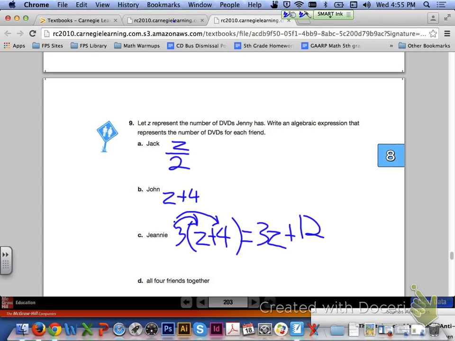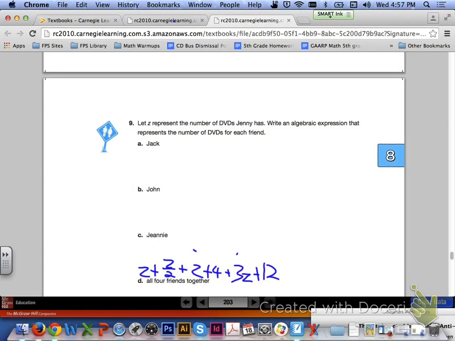If you put all 4 friends together, so Jenny has Z DVDs, plus Zach, who has Z over 2, plus John, who has Z plus 4, plus Janine, who has 3Z plus 12, you would have the total number of DVDs.